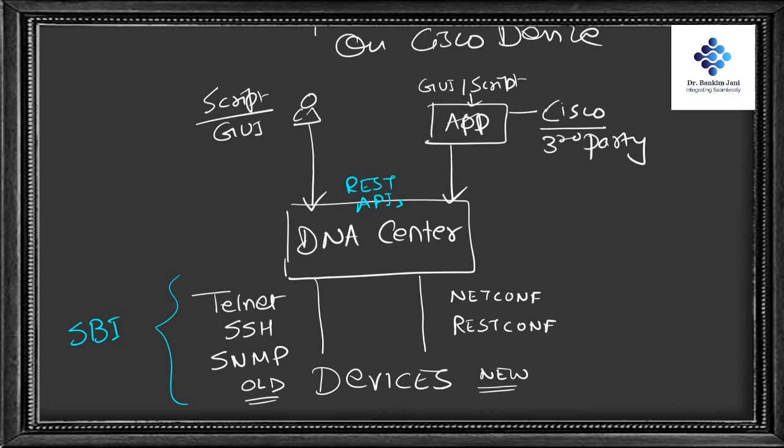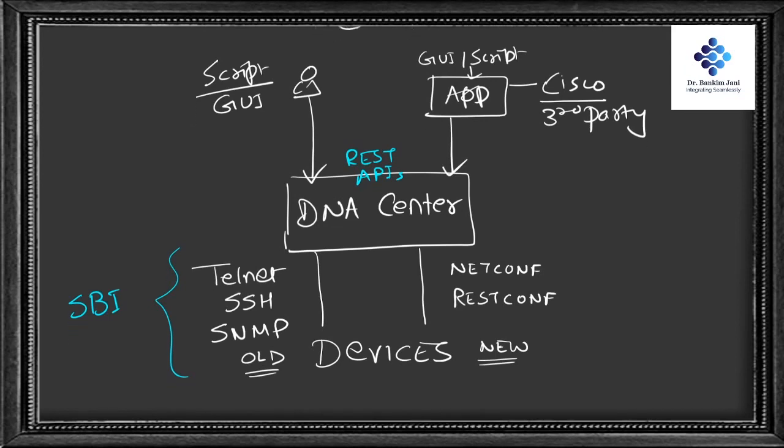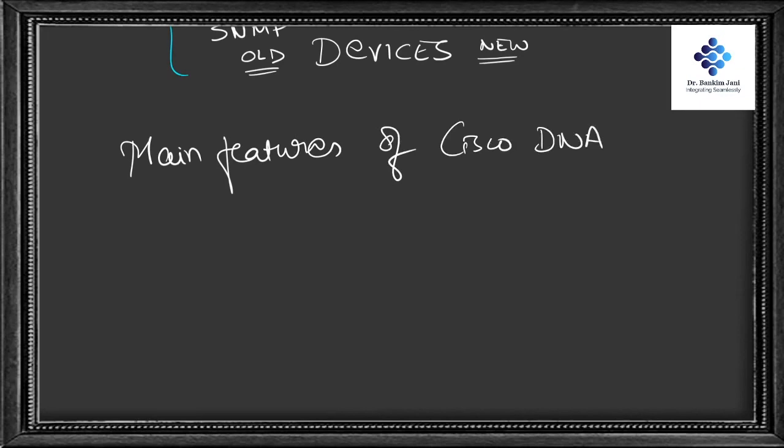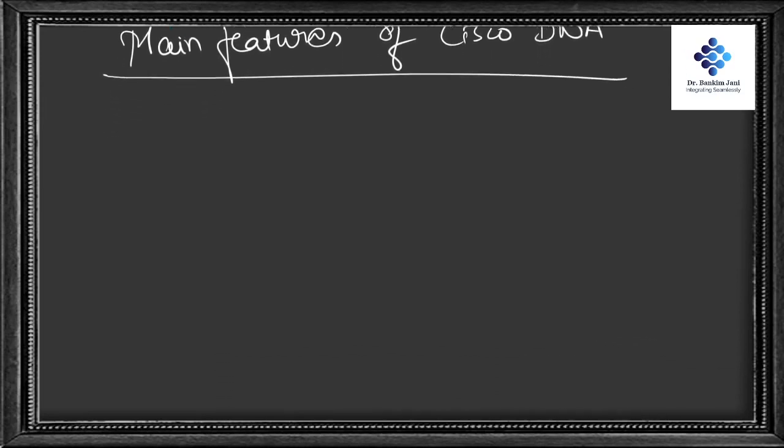Okay, now as we are talking about Cisco DNA so much, there has to be something so good about it that it is a candidate for all those future networks, right? So some main features of Cisco DNA. Now before telling about this feature, let's go back to our ACL, access control list.